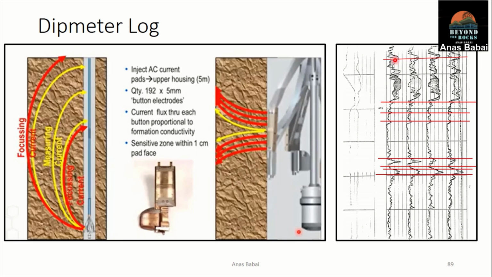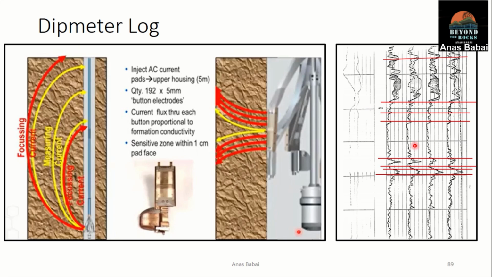It sends current and receives it, electrical current, in the receivers, and we have this log shape. So if we have the same response within the same interval, that means our formation is horizontal. So this formation is horizontal, this formation, and so on.